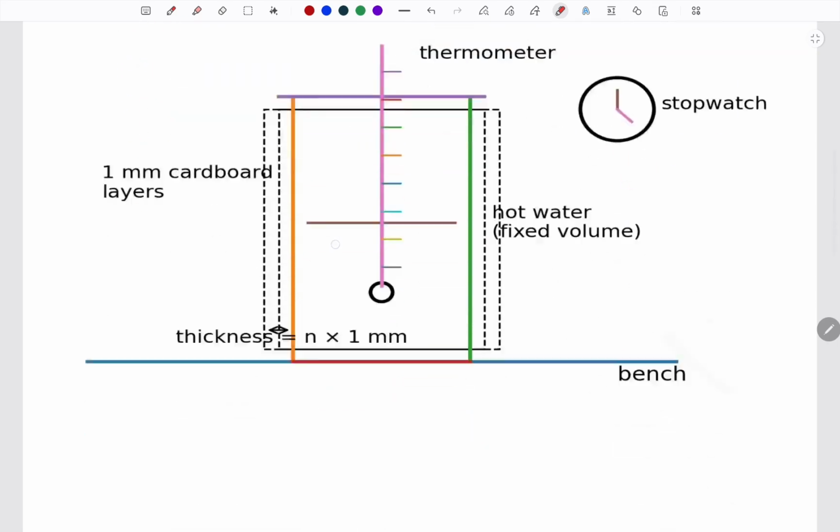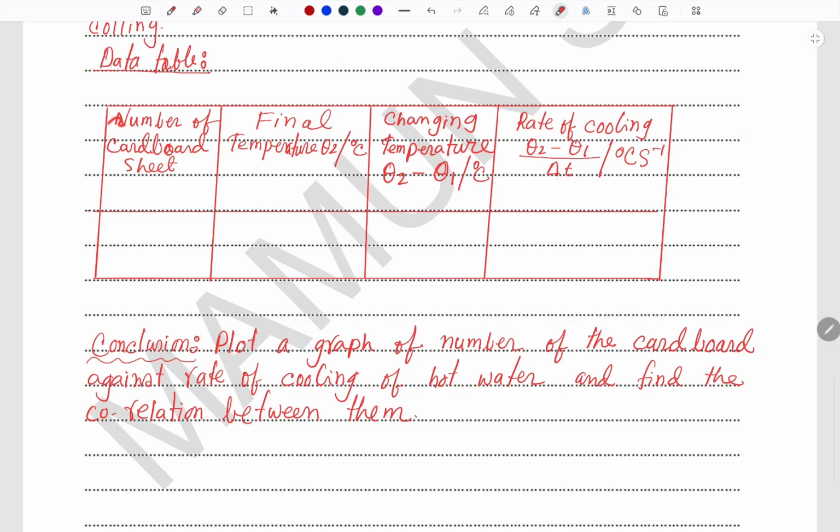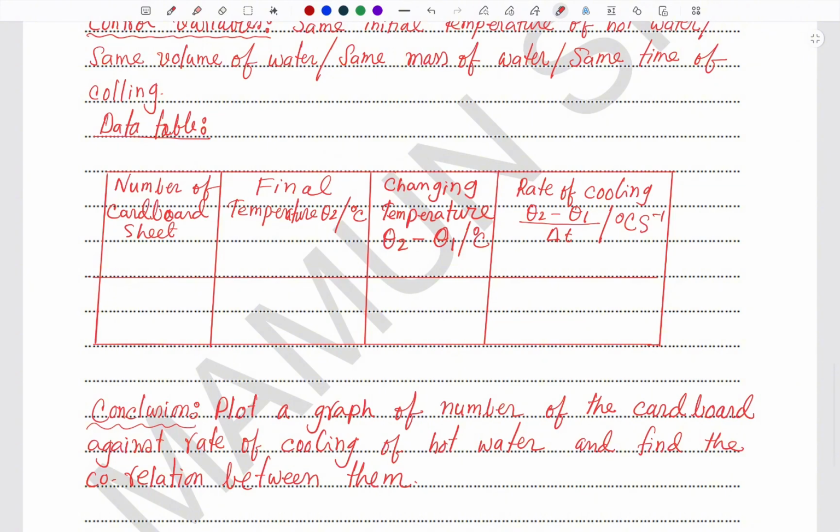And then there is the fourth point, the data table. So what is the data table here? Definitely the number of cardboard. I am increasing 1 millimeter thick cardboard: 1, 2 and 3. And then see here, the initial temperature is constant for the whole experiment, so in the table it is not necessary to add it. So I can use the final temperature.